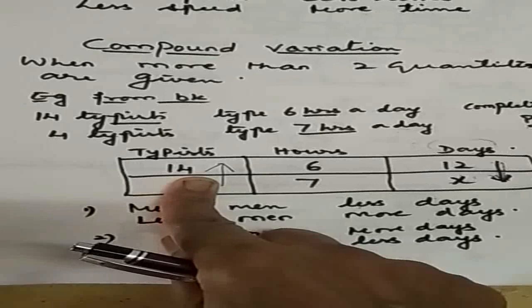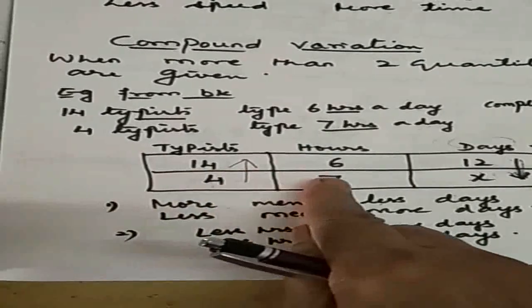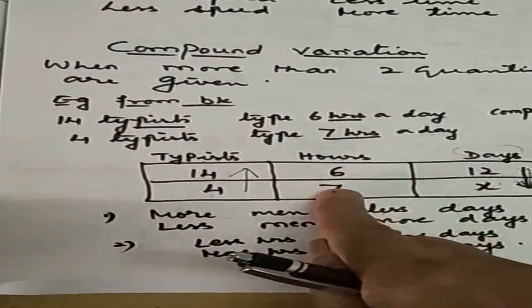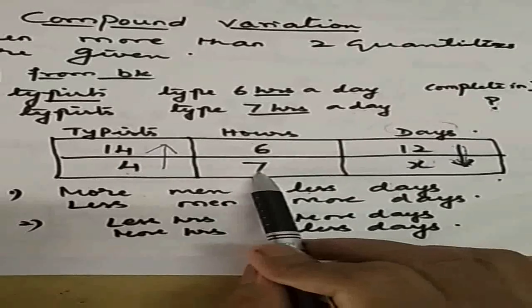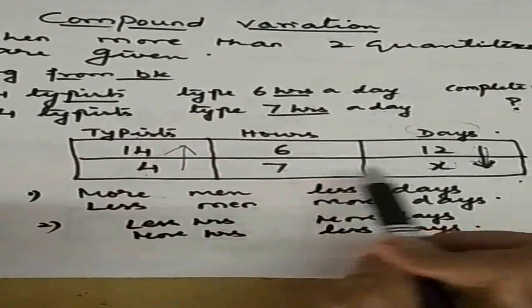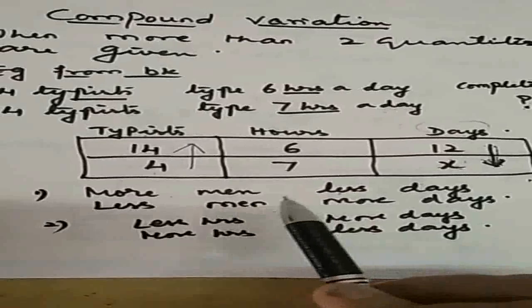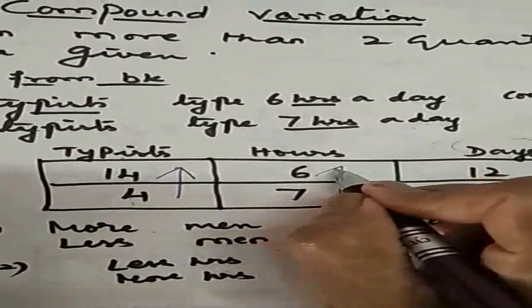They will complete in fewer days. More time, fewer days; less time, more days. So fewer hours, more days. If they work more hours in one day, they complete in fewer days. This is also inverse, so we put the arrow mark.